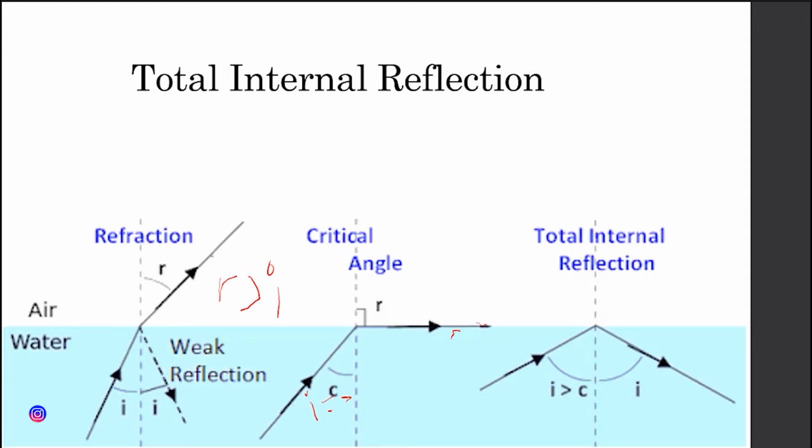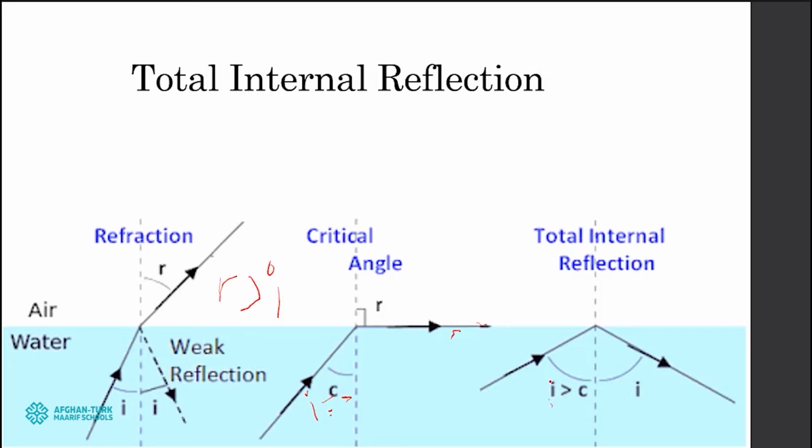When I is the critical angle, the angle of refraction became 90 degrees. Now I told you this is called critical angle. But what happened when I increase the angle of incidence?